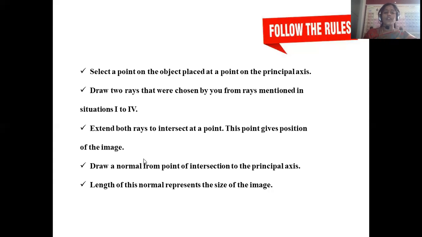So from the image point of view, you have to extend and connect with the principal axis. That is said to be a normal. Right. So the normal represents the size of the image. If the normal is very large, you can say an enlarged image will be possible. If the normal is very short in nature, then a diminished image will be generated. These are the 5 rules in order to draw the ray diagram with respect to either a concave or convex lens.